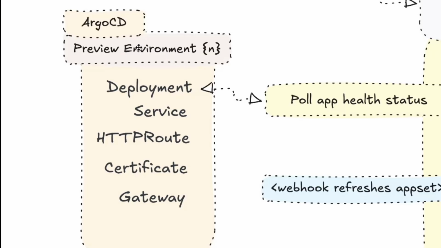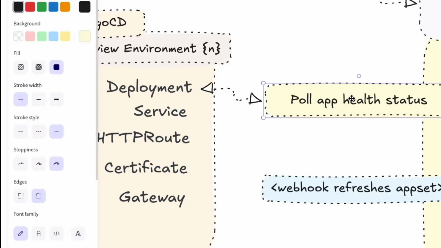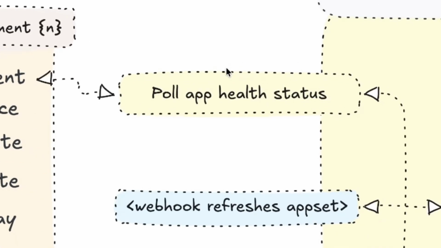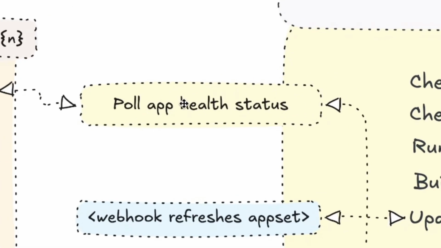Then a webhook takes place, it refreshes the application set in Argo CD, and it deploys our preview application. When our preview application starts booting up, it will be unhealthy for a while, but for this reason we have a mechanism where we are essentially polling the app health.